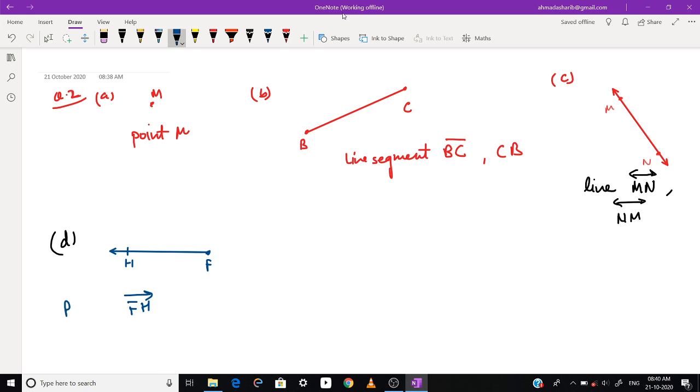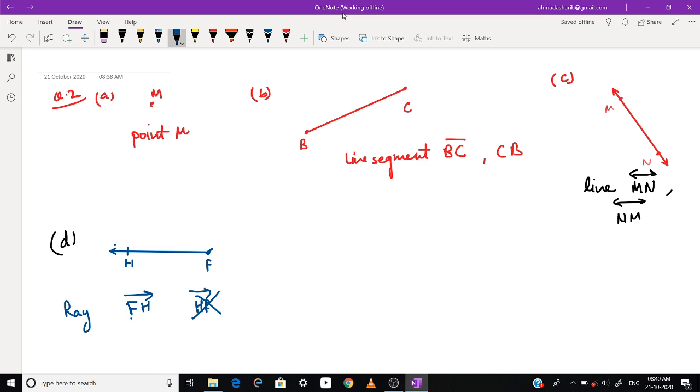So this is a ray, because I have told you a ray has only one arrow, and on the other end it has an end point. This is the end point, this is the arrow. So this is a ray, ray FH. But do not write it HF. If you write it HF, it will be wrong. First we'll write the point which is the end point, then we'll write this one. Okay, so it is FH.